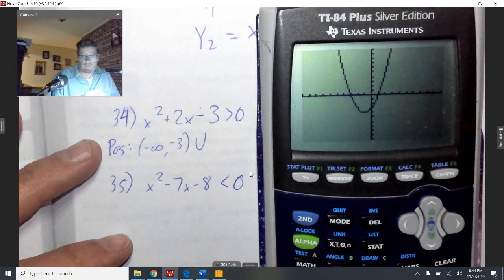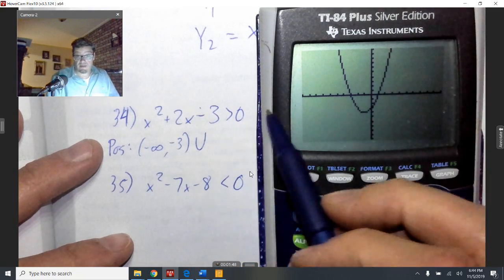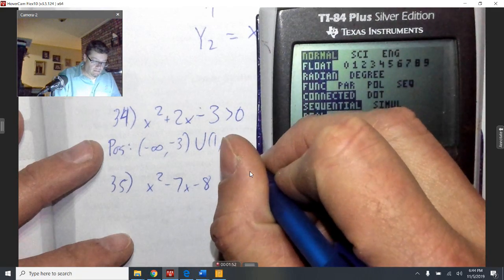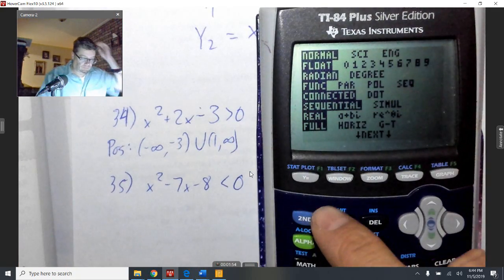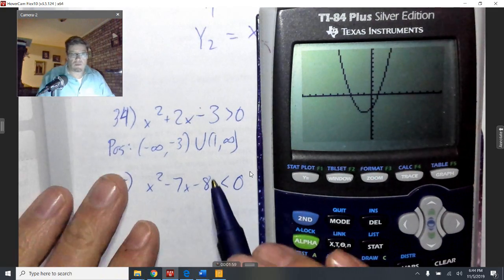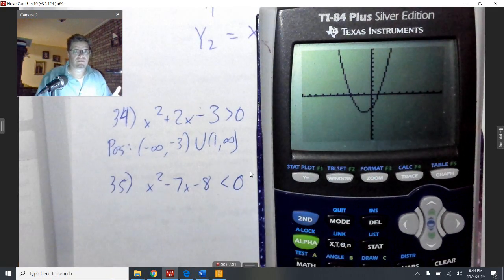And then we stop, make a jump to the next, and the next is from 1 to positive infinity. All right, so that is the answer. That's it. Because all it's asking is, use a graph to solve each inequality.